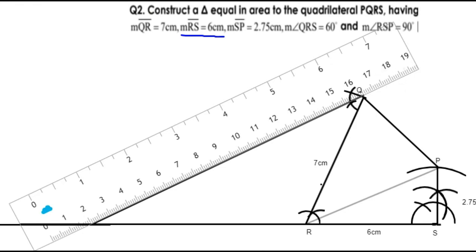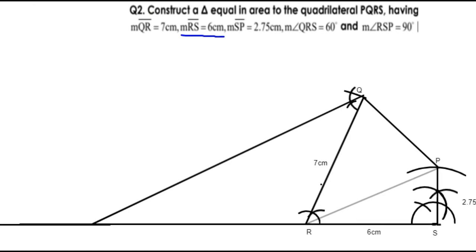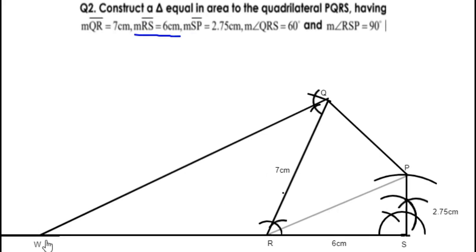Okay, now I'm going to remove that scale. So here we have that parallel line. We have drawn that parallel line. So let's give a name to that point, W. So we have to draw a line from W to P. Fine.